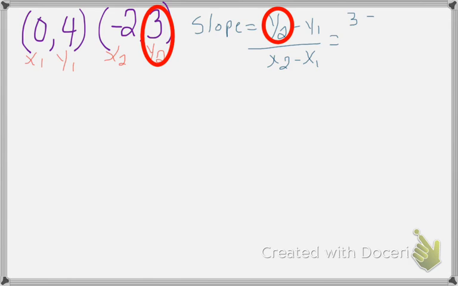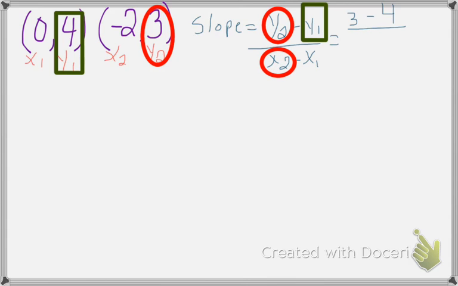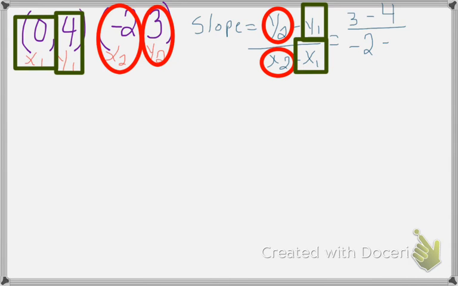And then you go get y1. y1 is right here, which is 4. Put divided by, you come and get x2, which is a negative 2. You have to put a minus sign because the formula says so. And then you look for x1, and that's right there. x1 is 0. And you just solve it.